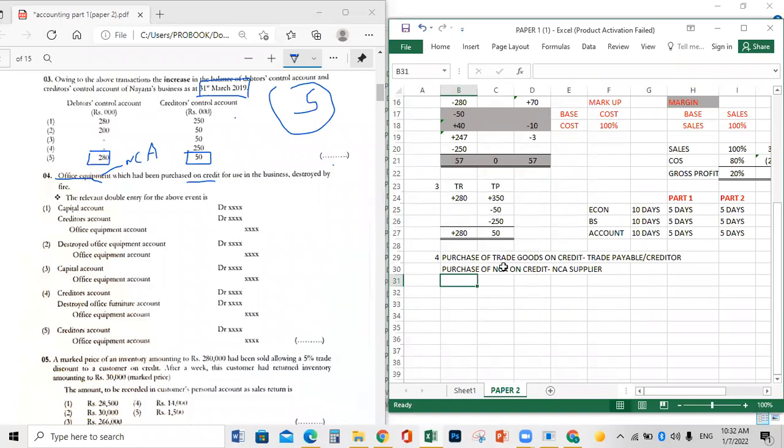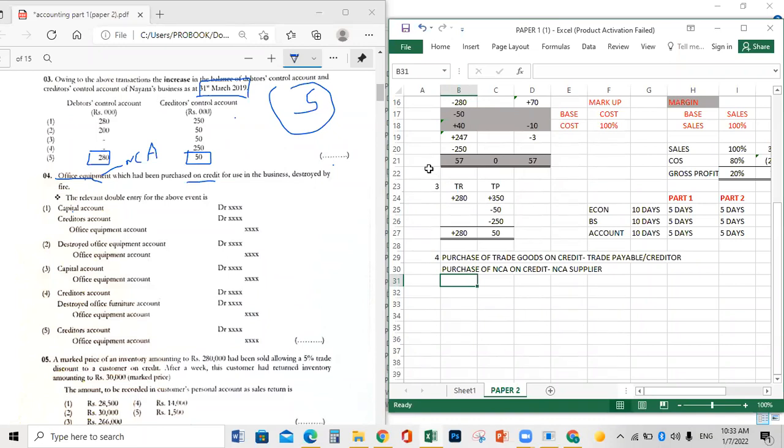When you purchase non-current asset on credit, you create non-current asset supplier. It's a liability, I understand, but it's not a trade payable.